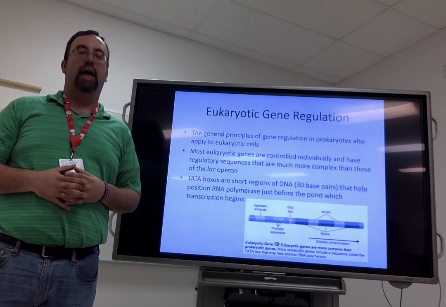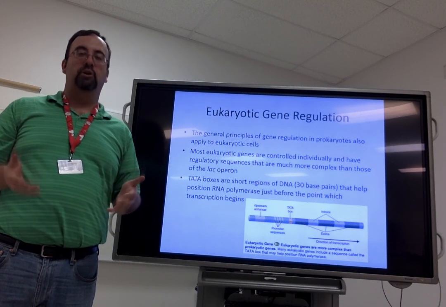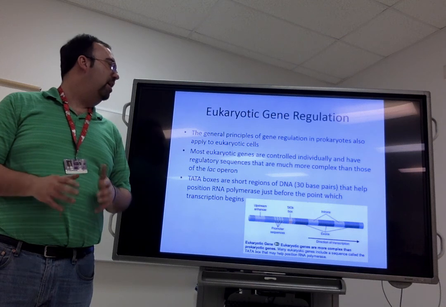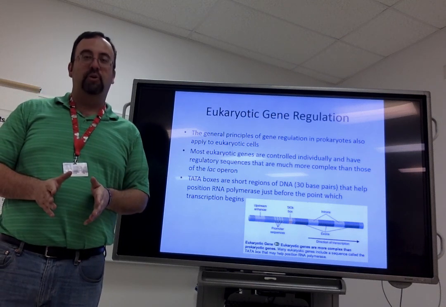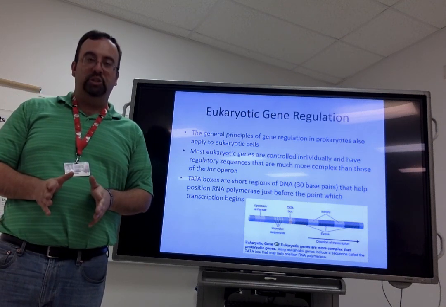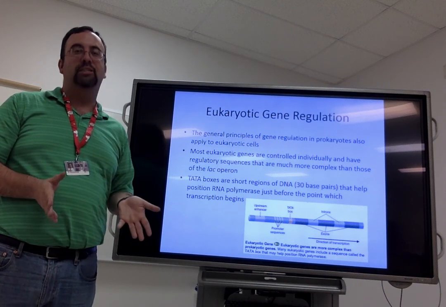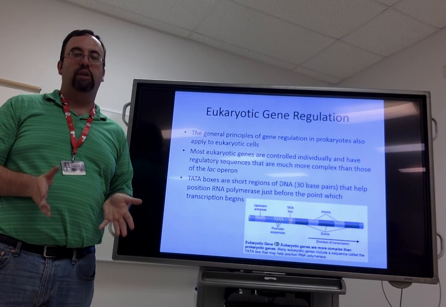The lac operon just provides us with a good basic example about how genes are either turned on or off. As we discussed before, there are promoter regions where the RNA polymerase attaches and gets ready to do its job.